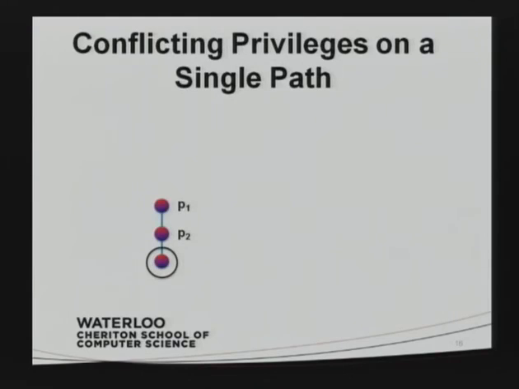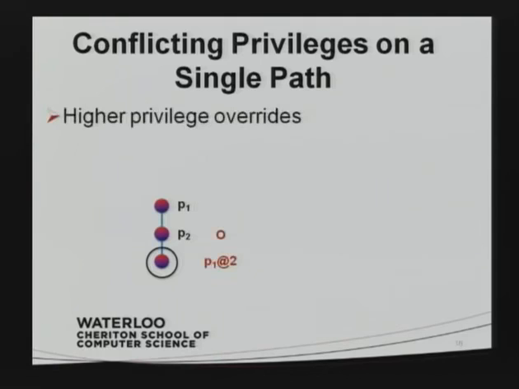So let's now look at a single path. So I've got the subject, the object or subject that I'm interested in. On the path going up, there's either a positive or negative permission P2, and if I go up a little higher in the path, P1 has some other permission.